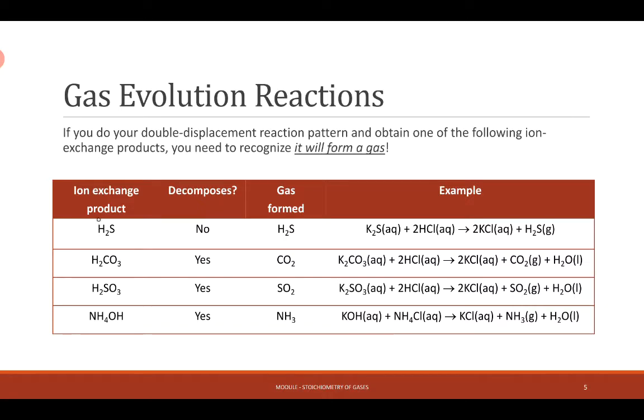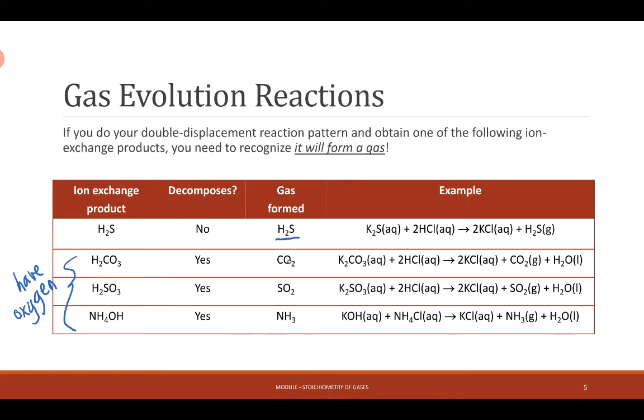The first one is H2S, and this one doesn't decompose. This is just H2S. So the gas that forms, if you see H2S here, H2S is just a gas at room temperature. These other ones all have oxygen. And so that's how you can remember whether it's going to break apart or not. All of these ones do have oxygen as one of the products, and it's going to break apart into water and some gas.